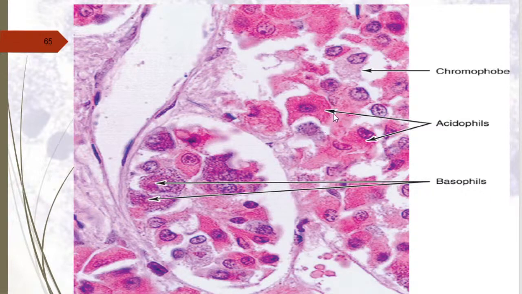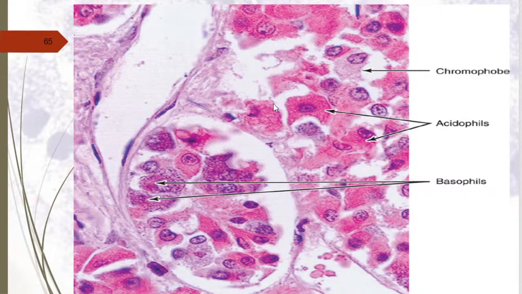These are acidophilic cells, very well stained by eosin. Another cell is basophilic and is named basophils. Then the cells which do not stain well are named chromophobes, because they do not stain well. Chrome is color, phobos is scared, hence chromophobes.